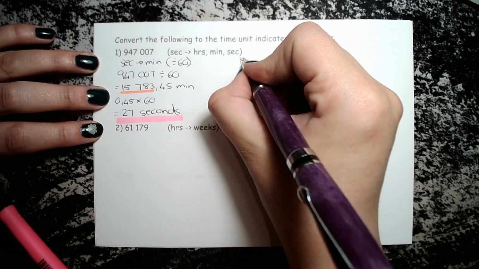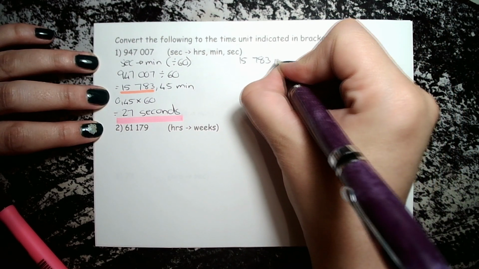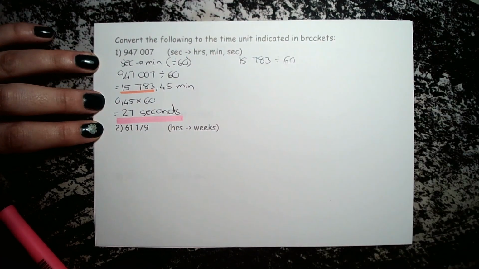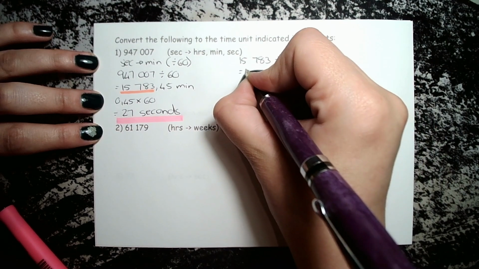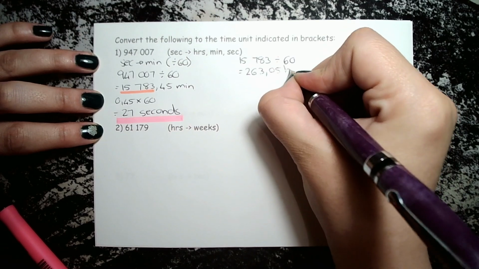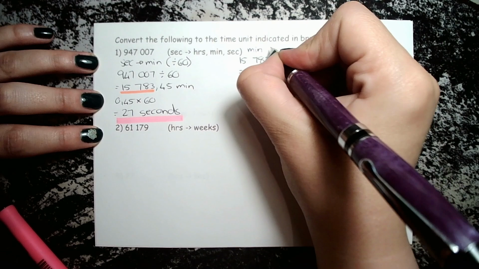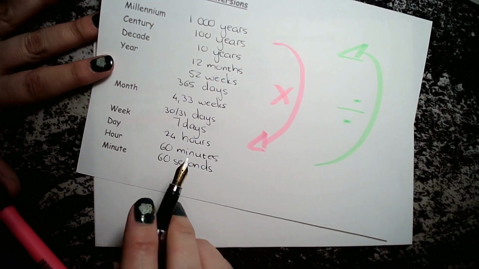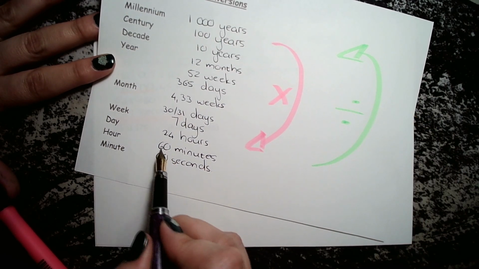So we take our 15,783 minutes, divide that by 60, apologies for the drop, and we get a total of 263.05 hours. So we did the same here. We went from minutes to hours, which from minutes to hours would be working in this direction. So it's divide, and it is by 60.